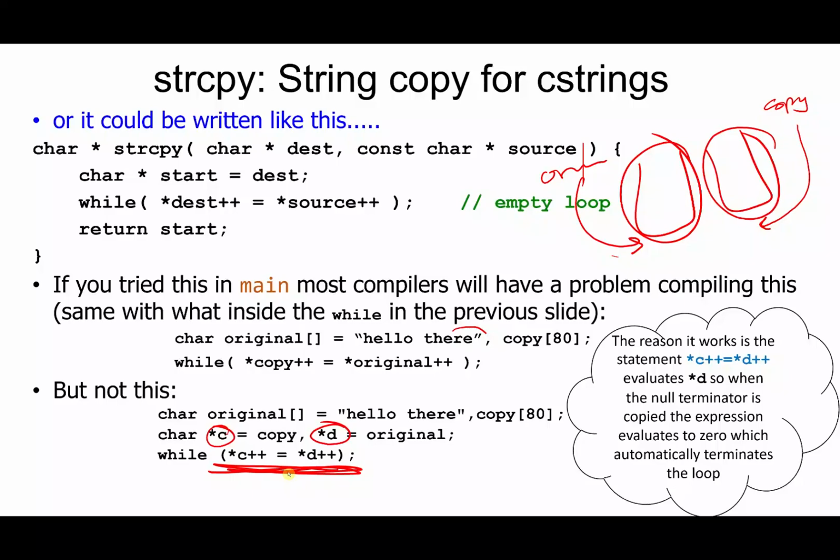And again, if you have only two pointers, just the original pointer to the original and the original pointer to the copy, and you're trying to advance them like this, the compiler is not going to participate in such a thing.